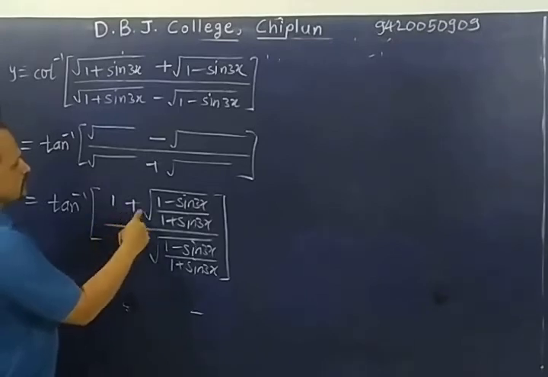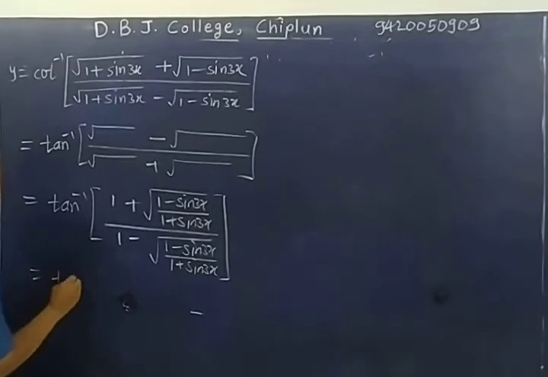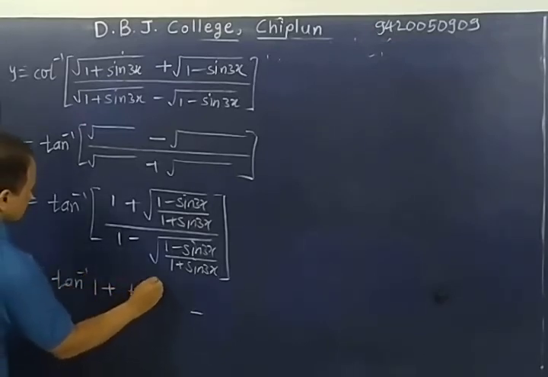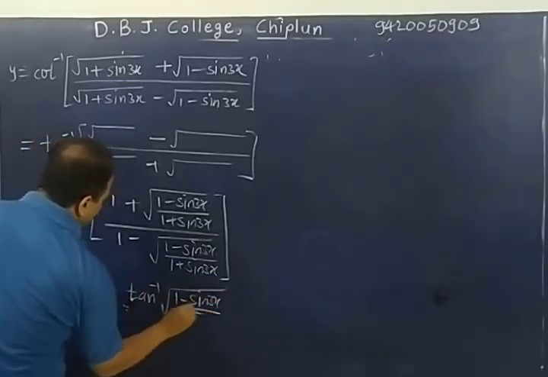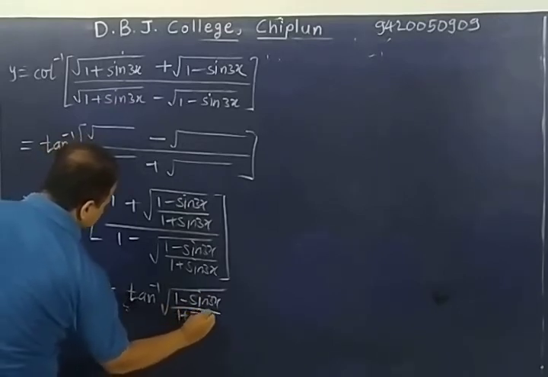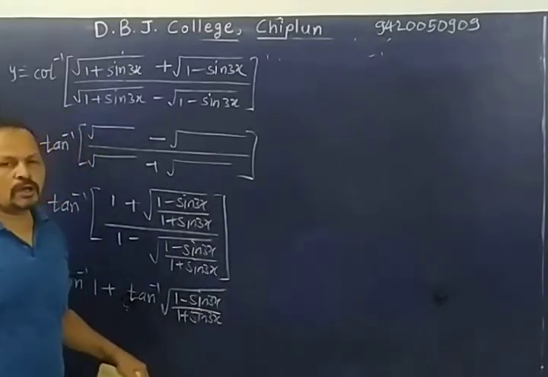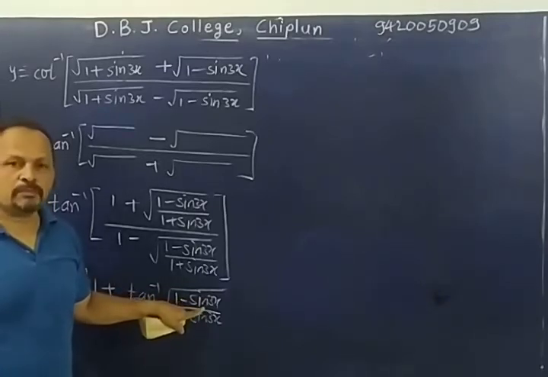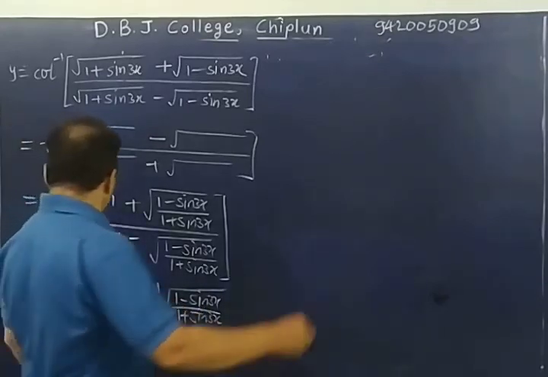Tan inverse of 1 plus something upon 1 minus something, this is the formula for tan inverse of 1 plus tan inverse of under root 1 minus sin 3x upon 1 plus sin 3x. Now use the formula for sin 2 theta, which is equal to 2 tan theta upon 1 plus tan square theta, that you studied in 11th standard.